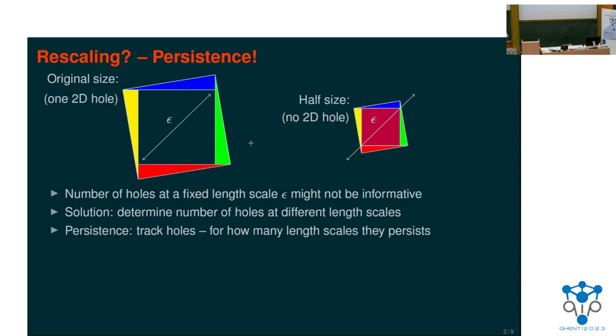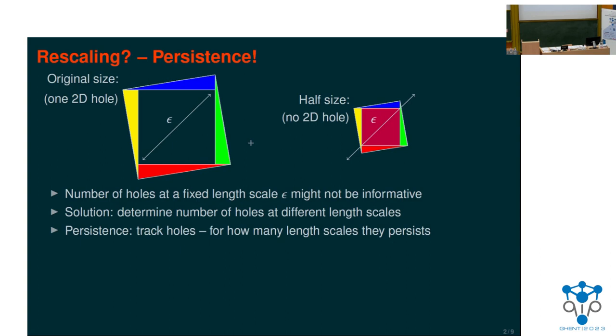There are no holes because there is not even a continuous shape really formed. At some point, the middle hole appears, and for some length scale it is alive, and then at some point it will disappear because it gets filled. So the persistence is really tracking the holes as they appear in the object and how long they live until they get filled by choosing a larger length scale. This is the idea of persistence.